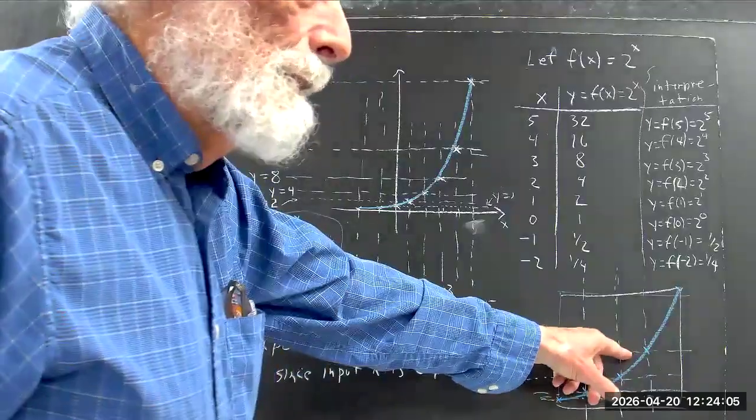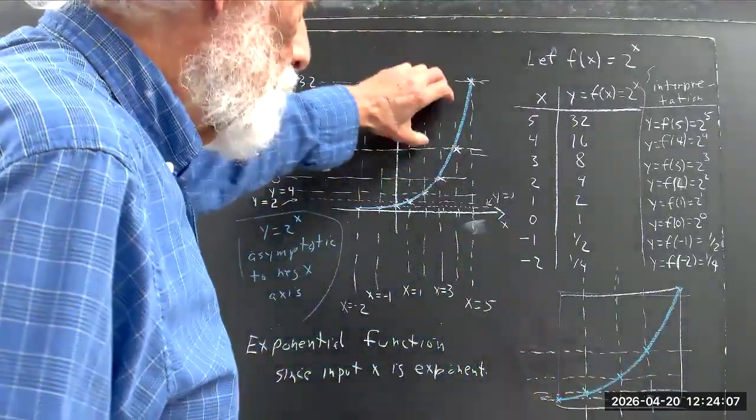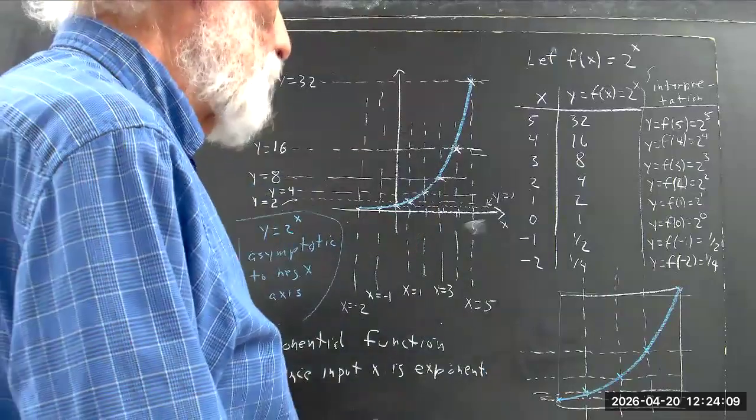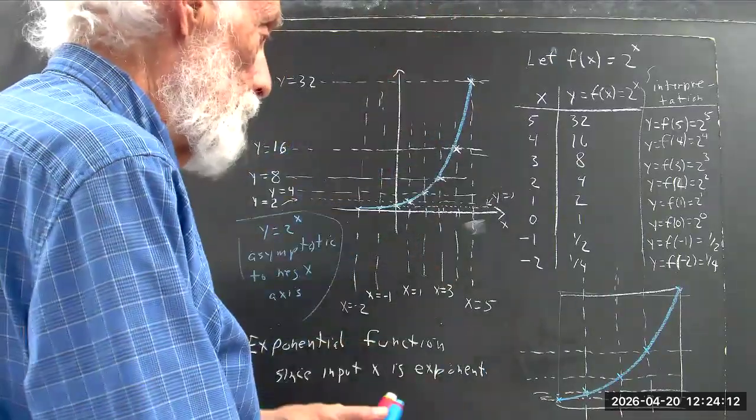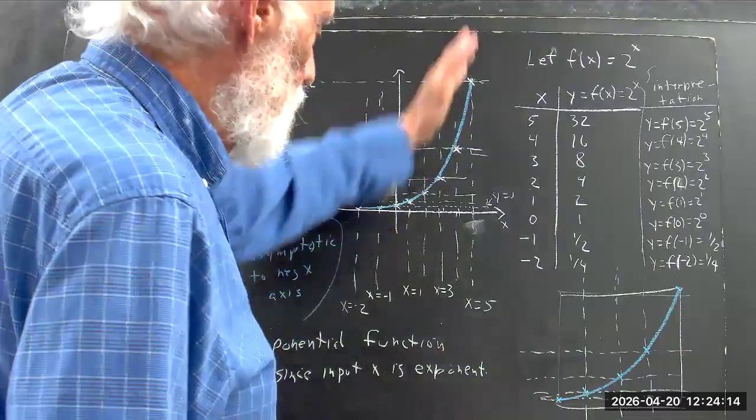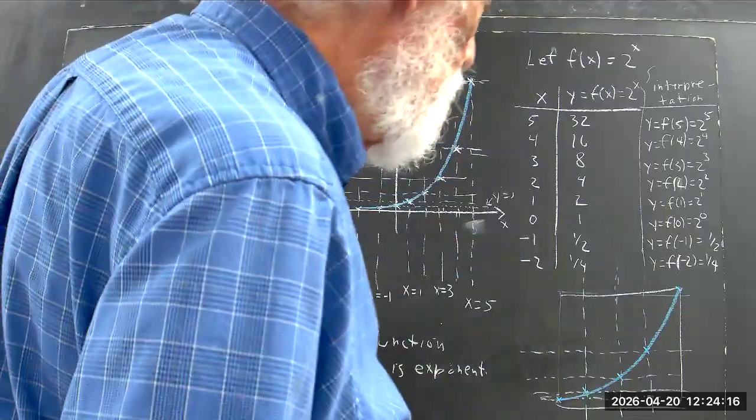And I get a shape that's identical in form to this shape. Scale's a little different, and I've got more points on this graph, so it actually gets steeper than this one ever gets.